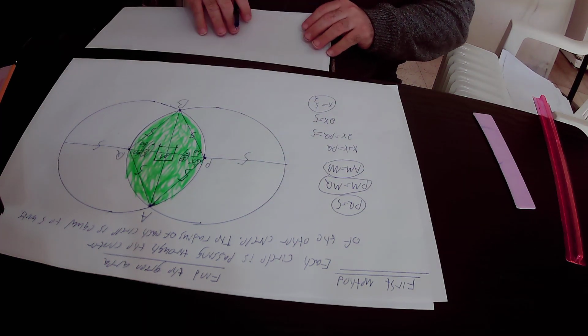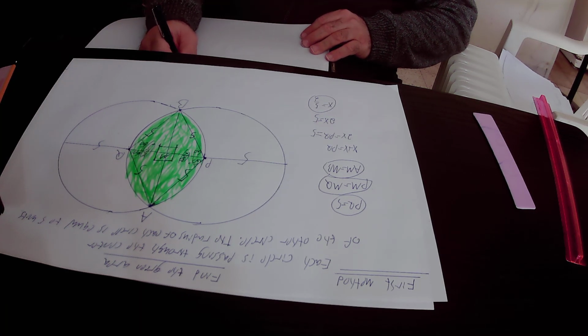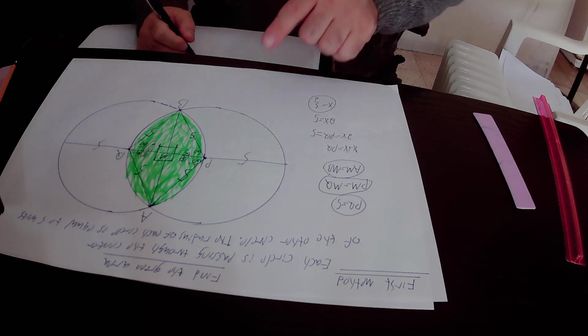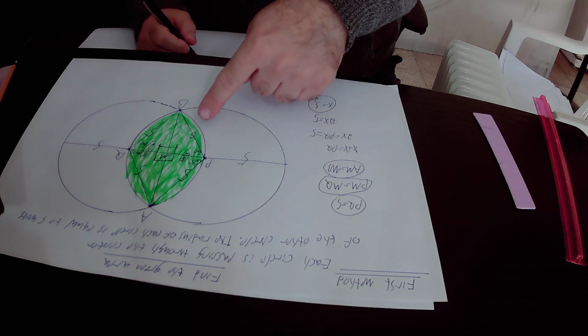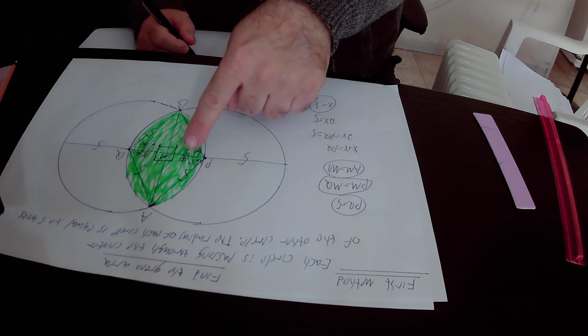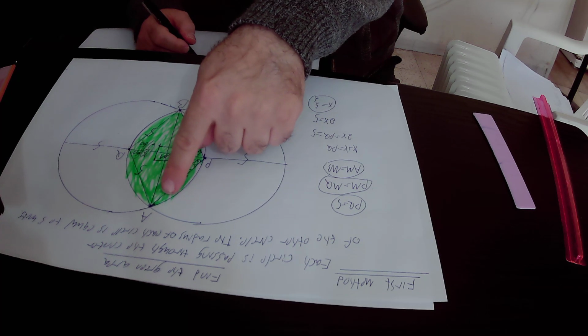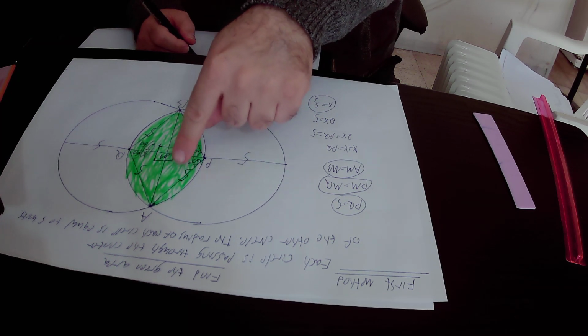What is the area of segment APB? The area of this shape that is like a semicircle.